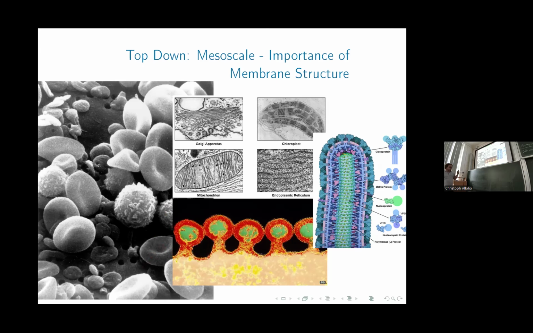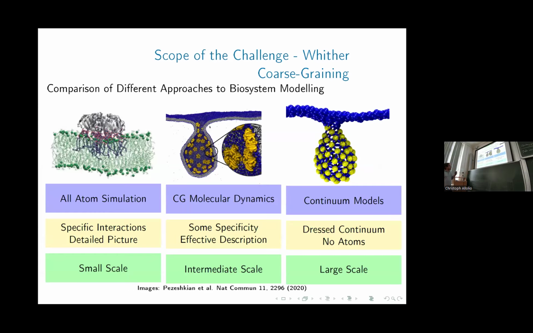But I'm showing you this slide because if you want to look at subcellular structures, it's a good idea to start with membranes. And when you want to model such membranes, you have a bunch of choices.